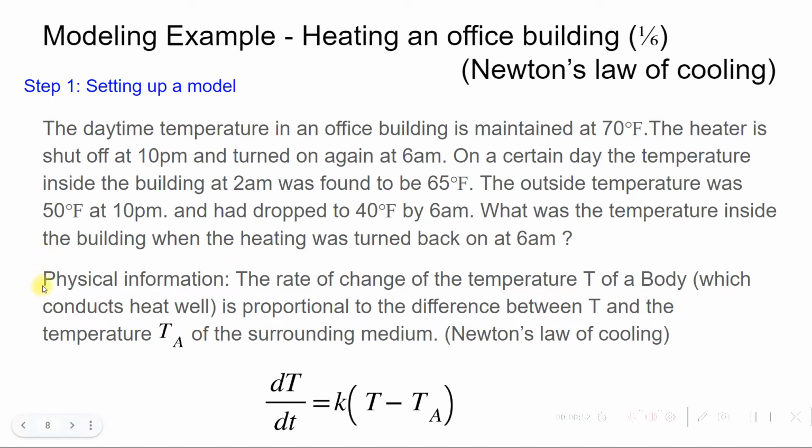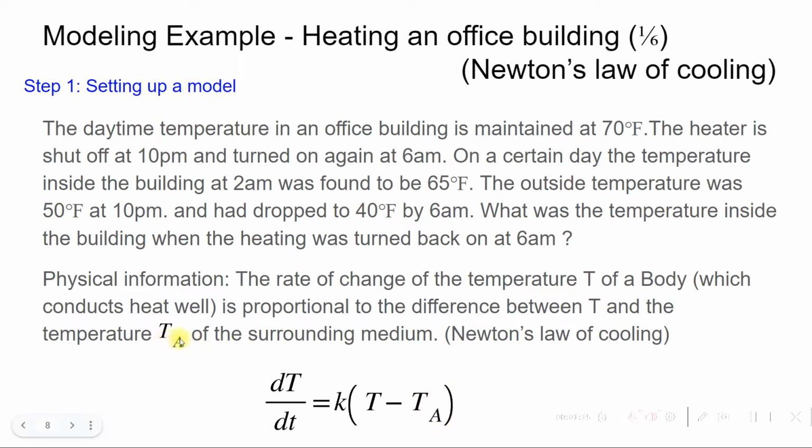And here is some useful physical information. The rate of change of the temperature T of a body, which is this one, is proportional to the difference between T and the temperature TA, this one.